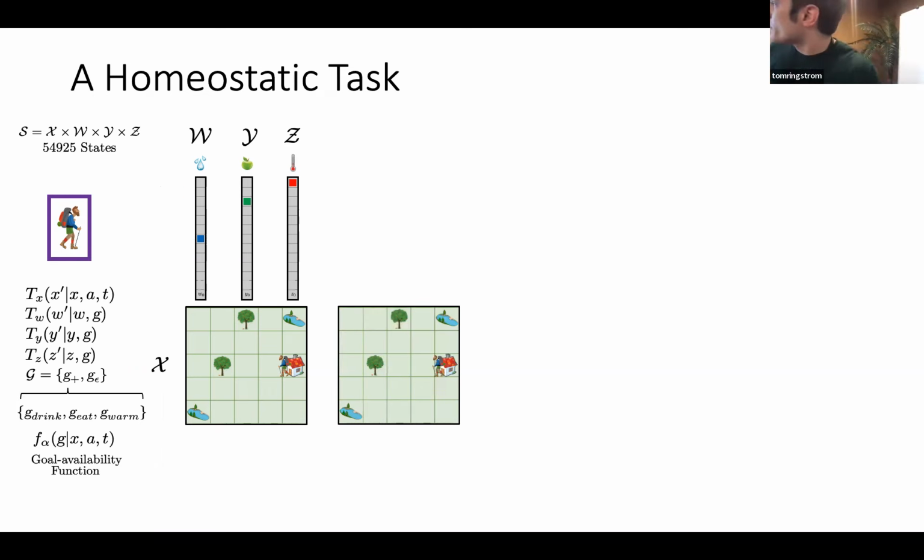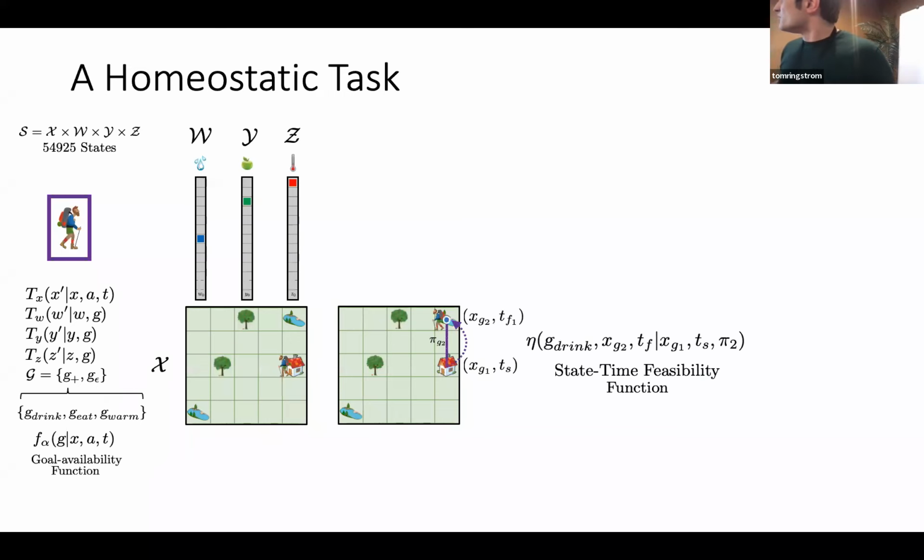Okay, so let's say that the hiker who is close to being dehydrated here at the bottom is going to go up to this lake to drink water. So the hiker moves up 2 states. And let's assume that we have this function, the state-time feasibility function, which I was telling you about.